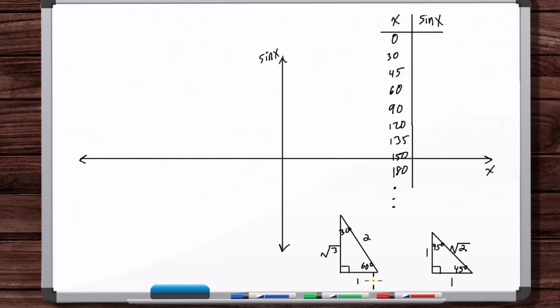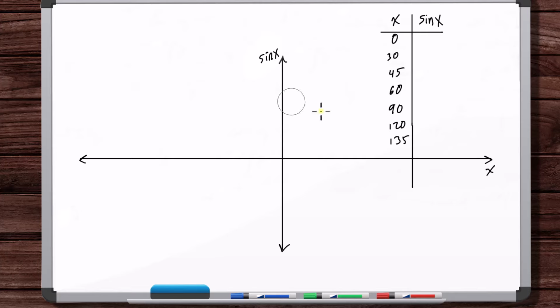Now, we could do this in degrees with the independent variable axis being degrees. But again, since when it comes to math formulas and calculus and anything outside of just visual geometry, we'd rather work in radians, let's go ahead and do this in radians, which is not a problem.